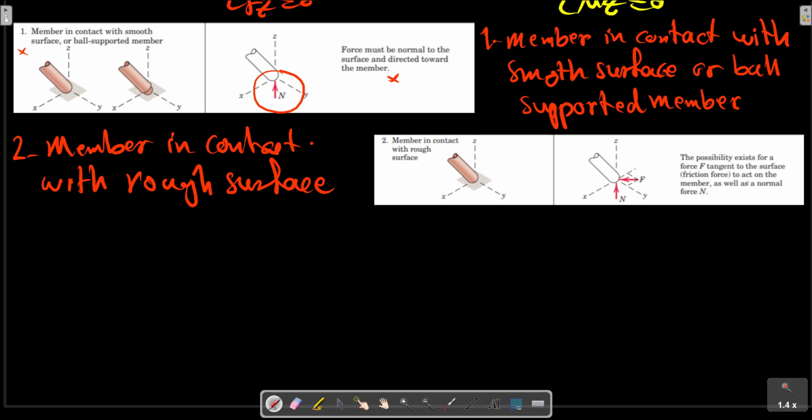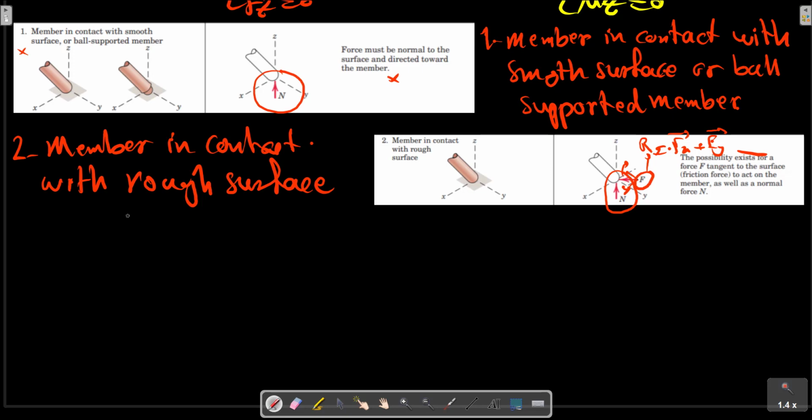In this case, the possibility exists for a force F tangent to the surface, friction force, to act on the member as well as a normal force N. We have a force N as a normal and the contact friction force that is shown here. This friction force can have two components in the x and y direction, and the resultant is Fx plus Fy.